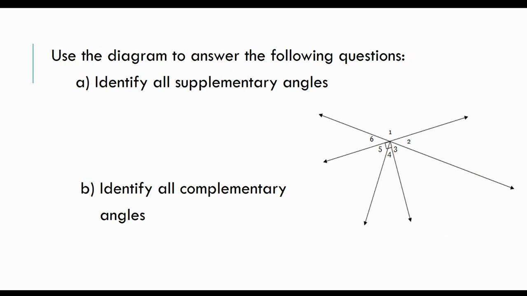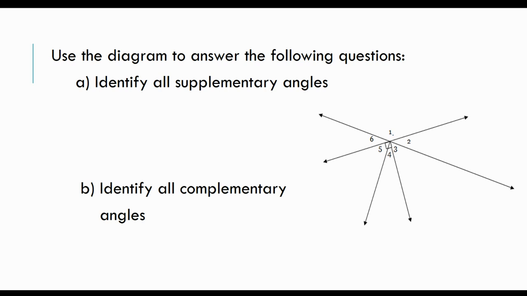All right, now let's use this diagram, which has a lot more angles, to first identify all supplementary angles, and then second, to identify all complementary angles. So remember, supplementary means that we're dealing with angles that form a straight angle, but it can only be 2 angles that form a straight angle. Hopefully we notice that there are actually several straight angles in this diagram.